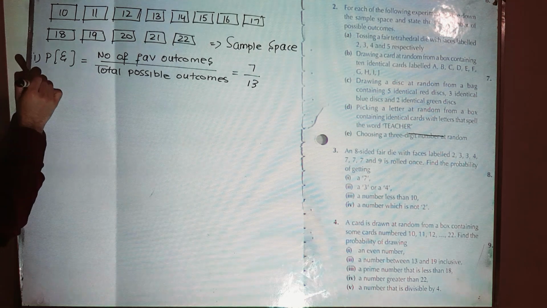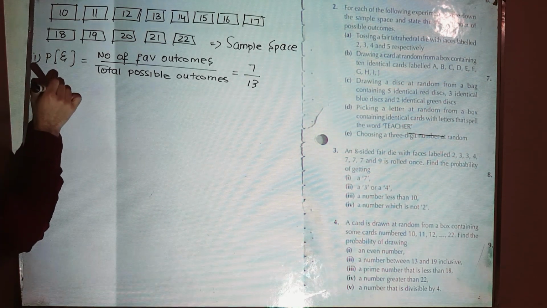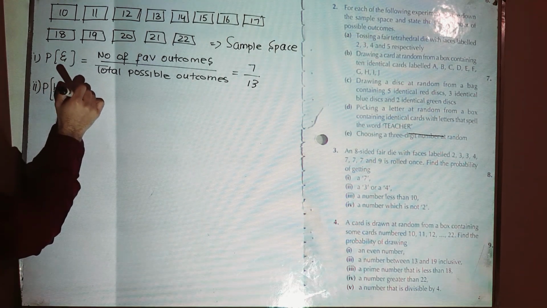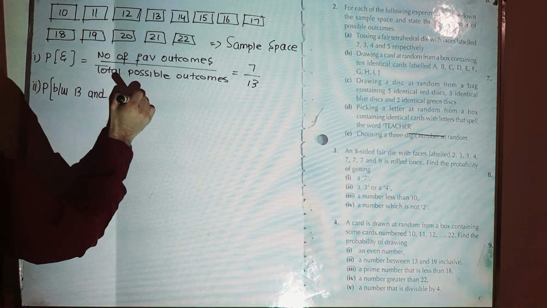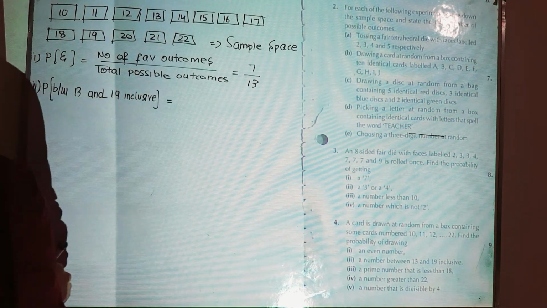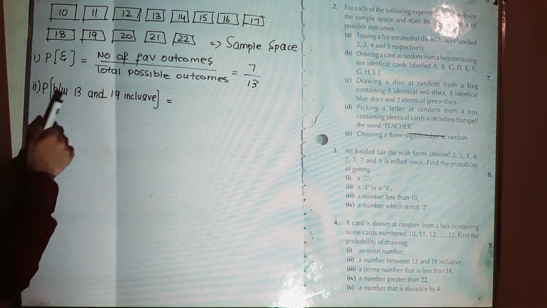Part number 2. A number between 13 and 19 inclusive. You have to find the probability of a number between 13 and 19 inclusive. Inclusive means you have to include 19 as well as 13.